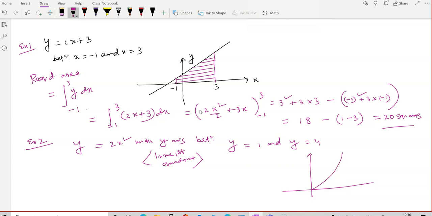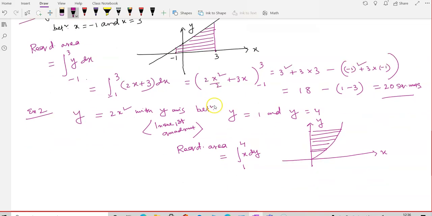So it is 2x square, y equal to 1 and y equal to 4. So this area you are going to find. Required area is going to be equal to integral x dy from 1 to 4, because the formula this time will be x dy.